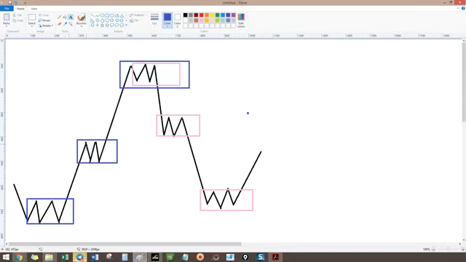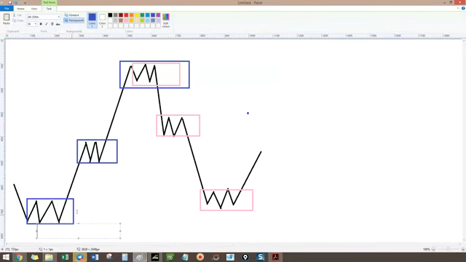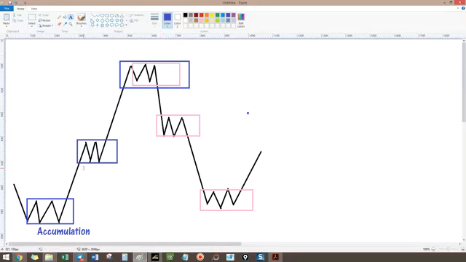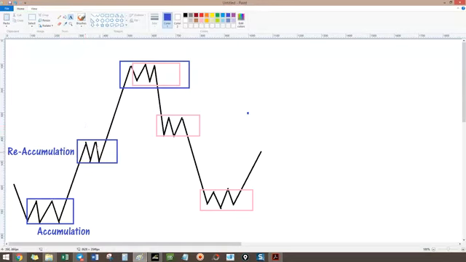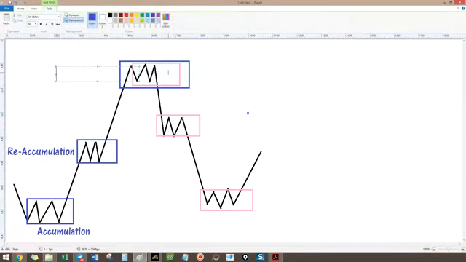So over here, we have accumulation. Over here we will have reaccumulation, also known as participation. Over here we have distribution.